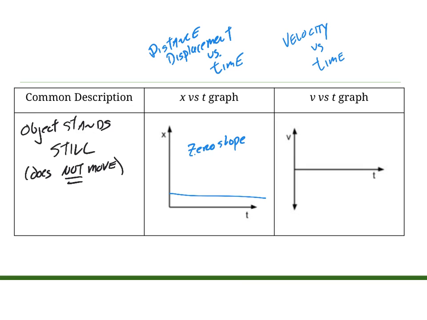Well, if we talked about this before, we said this is positive and this is negative, right? That means that this line right down the middle has to be zero slope. So anytime something is standing still, we have to represent it on that line.